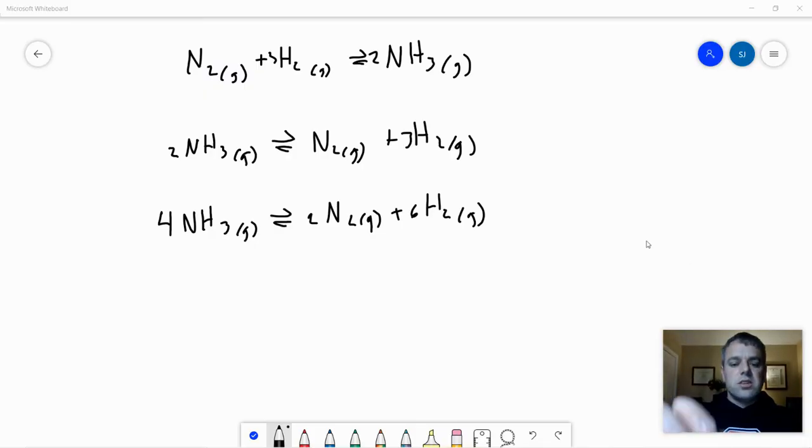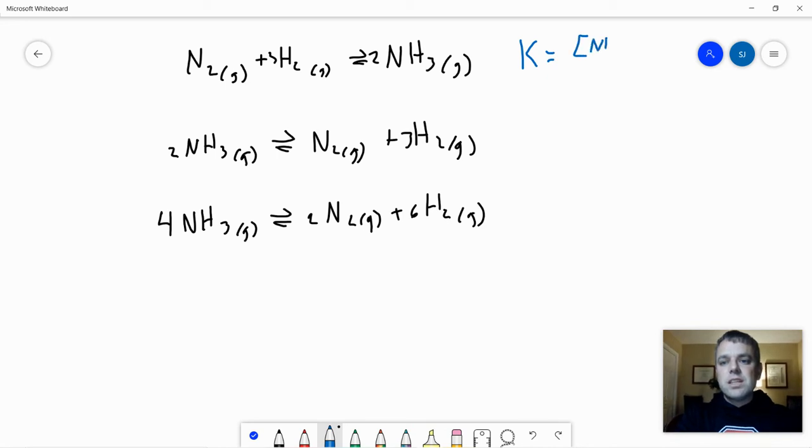So let's consider the following reactions. If we consider this first reaction where nitrogen plus 3 hydrogens makes 2 NH3, it's going to have some value of K. And our equilibrium expression would say that K equals the concentration of NH3 squared over the concentration of N2 times the concentration of H2 cubed.